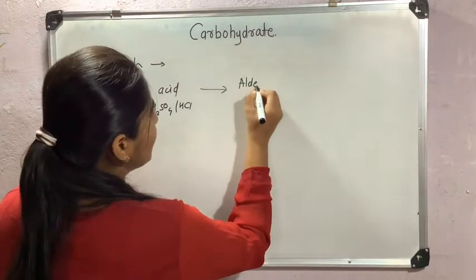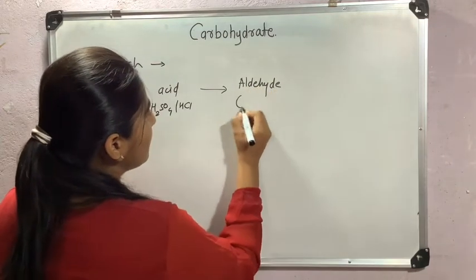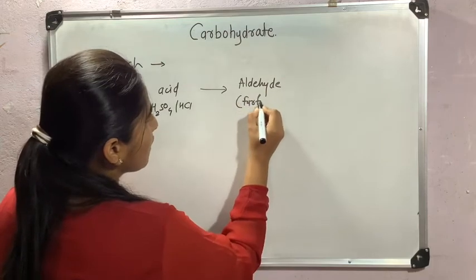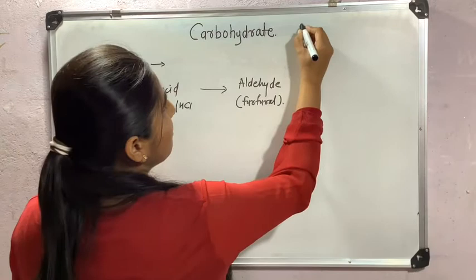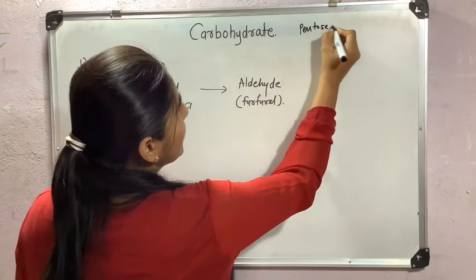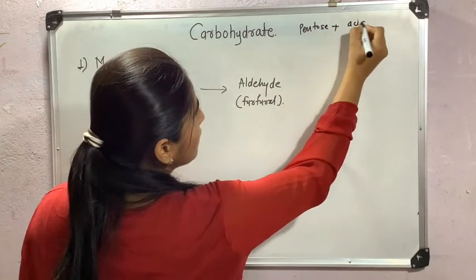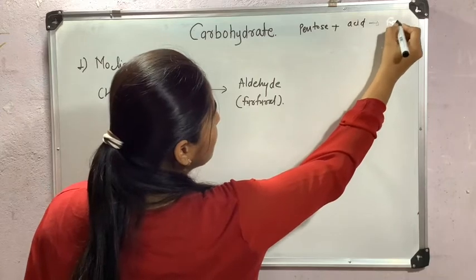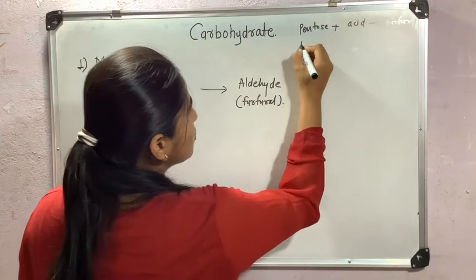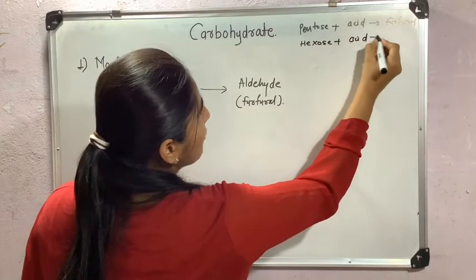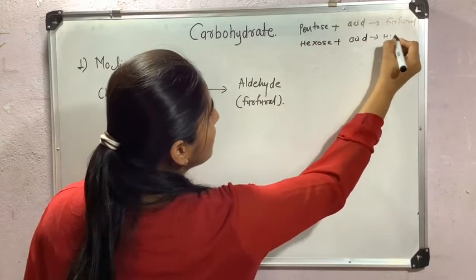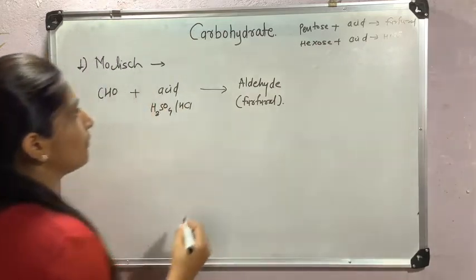Furfural is an aldehyde. If pentose reacts with acid, there is a formation of furfural. And when hexose reacts with acid, there is a formation of hydroxymethyl furfural, in short form.